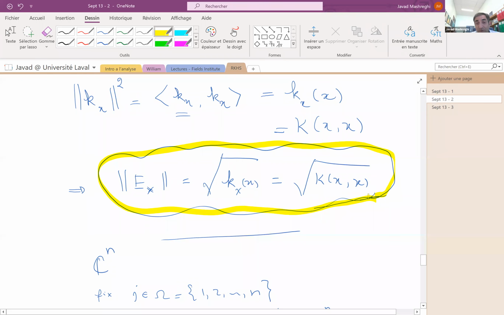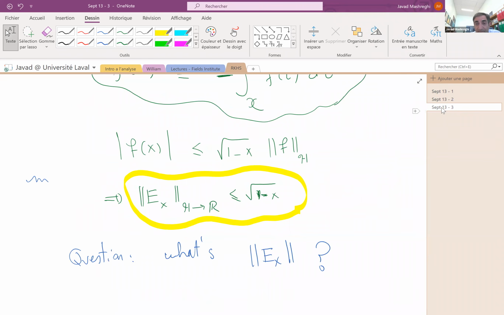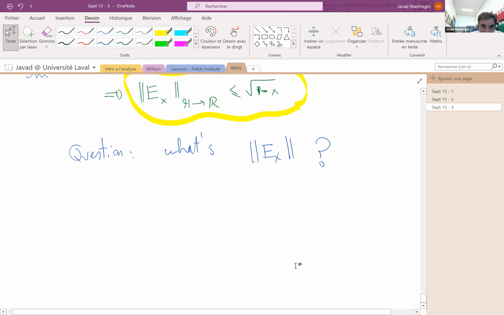I mean, I have to find K, I have to find the kernel. Here, I know that it's a reproducing kernel Hilbert space, but still I do not have the kernel. I have to find the kernel and then use the kernel to evaluate this. So more honestly, this is my second question, and question 1 is: what's K?